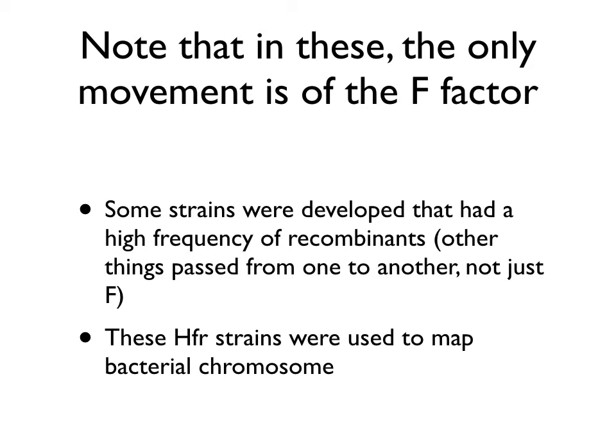You can detect new combinations of alleles within individual bacteria. And this was observed to be the result of recombination taking place when these HFR strains interact with one another. So let's look at how that happens.